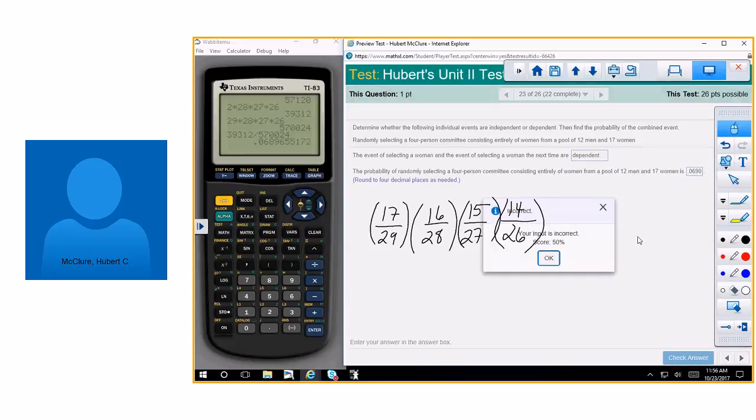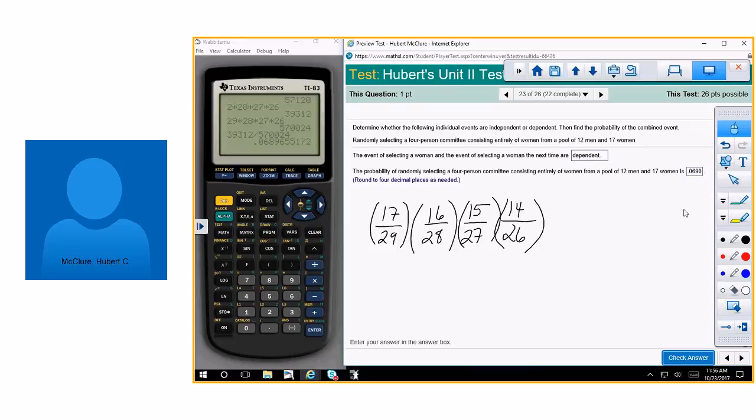Why does it take so long? Okay, that can't be. Okay, what's it supposed to be? 39,312. That was the total. Okay, give me the answer then. It's 0.1002.